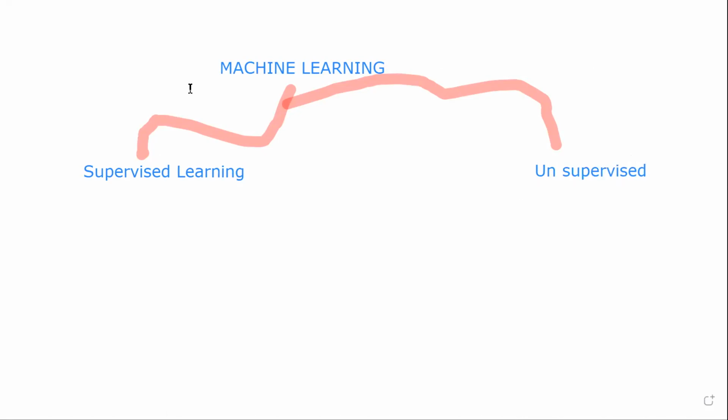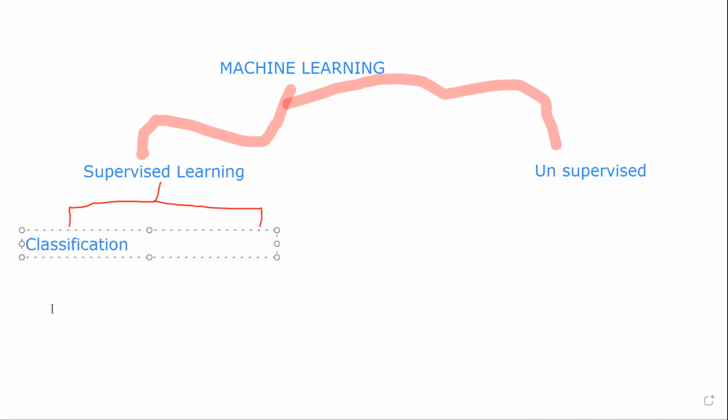This supervised learning can also be divided into again two parts: classification, and the second one is regression. Similarly, the unsupervised learning also can be divided into two or three parts.